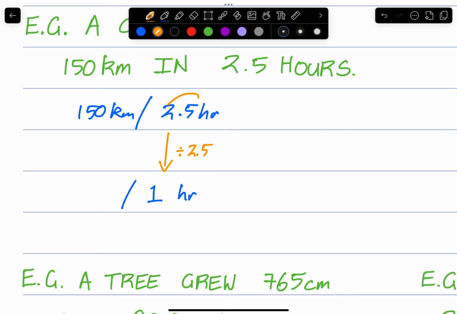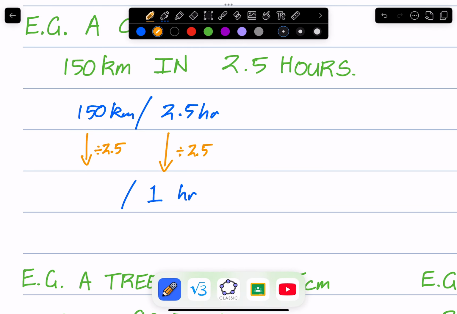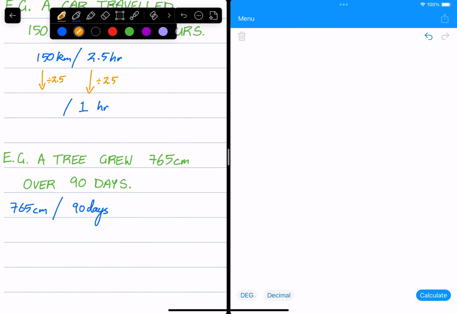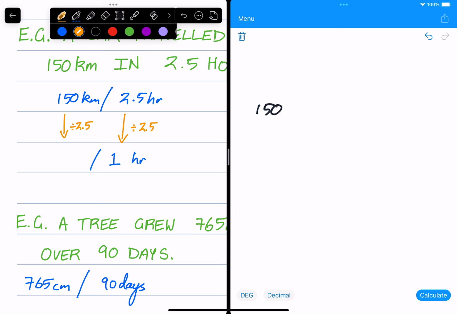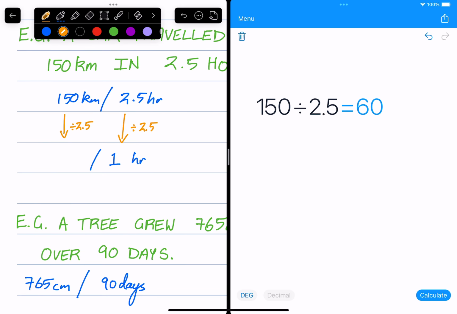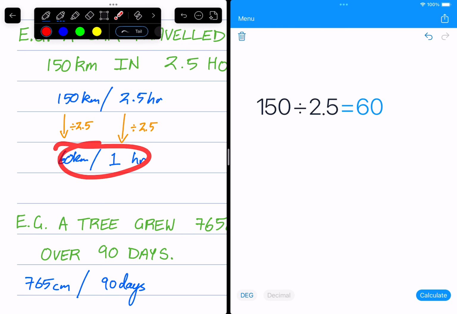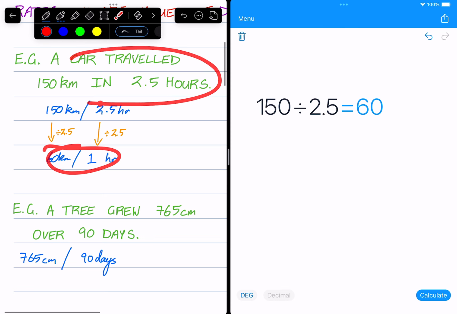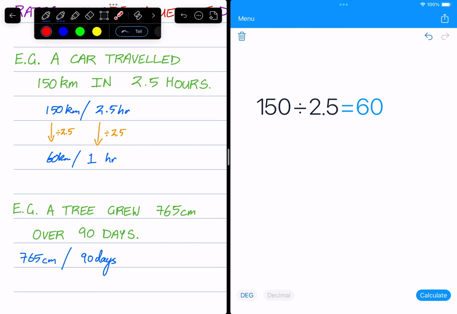But since we divided this portion of the rate by 2.5, we do the same to the other units. So we go 150 divided by 2.5. That gives us 60 kilometers per hour. And that is the unitary rate of this original rate given.